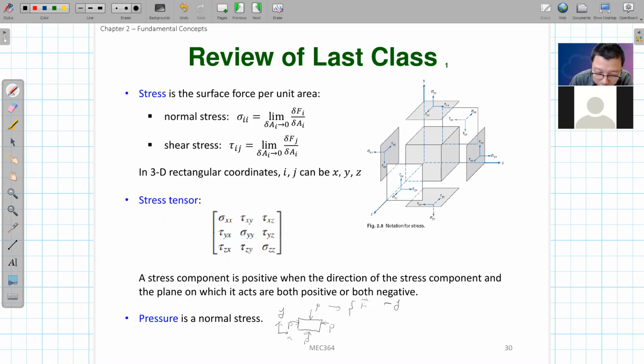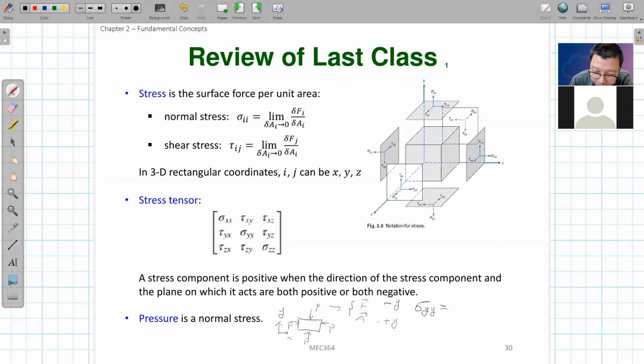And the normal direction of this top surface area is in the positive y direction. So in this case, they are not both positive or both negative. We write this as sigma_yy, because the surface area normal is in the y direction and the force direction is along y.